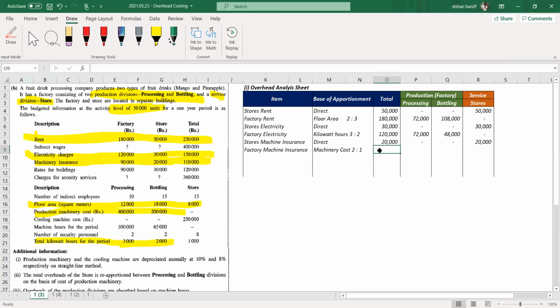The total insurance amount is 90,000. How much is for processing and how much is for bottling? The stores are separate.